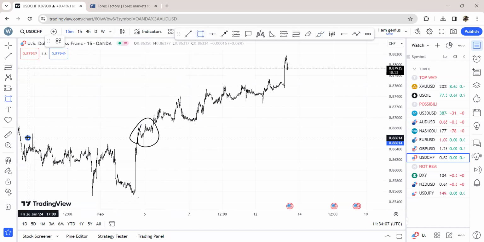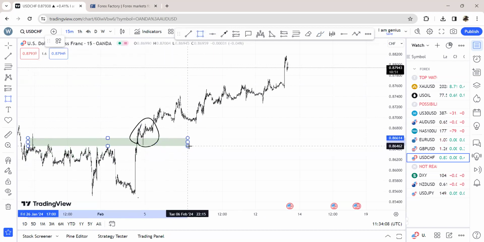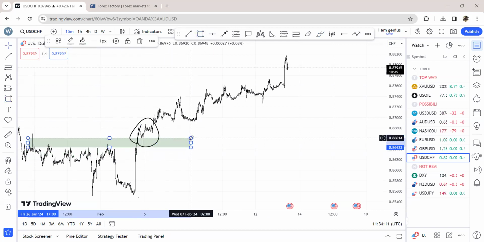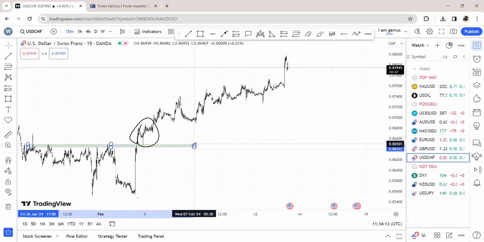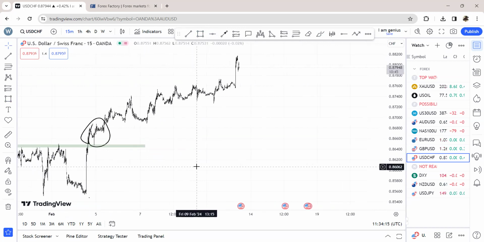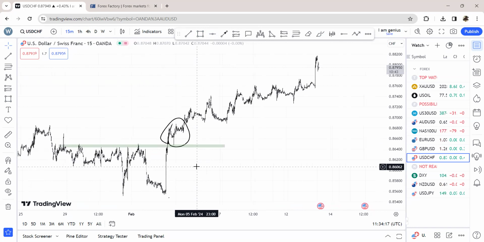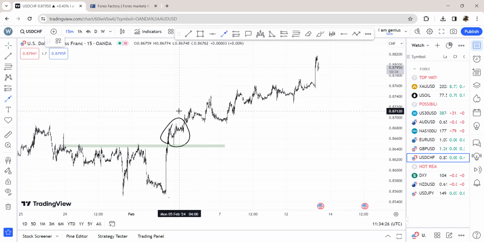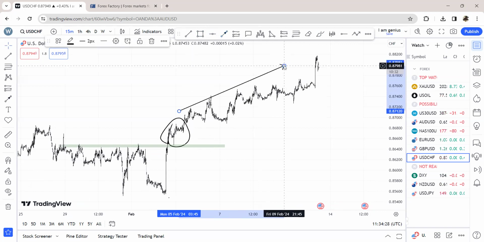And then here we had some kind of resistance, probably turned support. We had that. So now the news release is positive. So what do we expect the market to be doing? We expect the market to be trending upwards. And what was it doing?